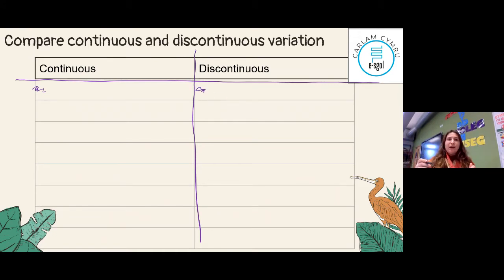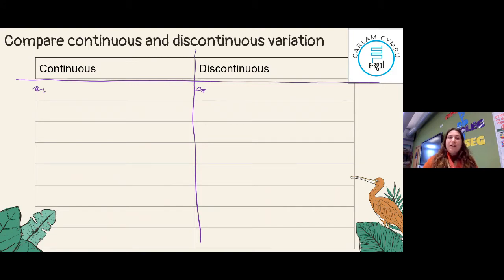Or you can write in paragraphs, but I'd recommend that you talk about both at the same time rather than leaving one to the end. You often lose marks if you don't directly compare. So what I mean is you say, this occurs in continuous but does not in discontinuous. Continuous does not have this, but discontinuous does. Rather than saying everything for continuous and then underneath everything for discontinuous. You don't want to lose marks. So you can do the same here.